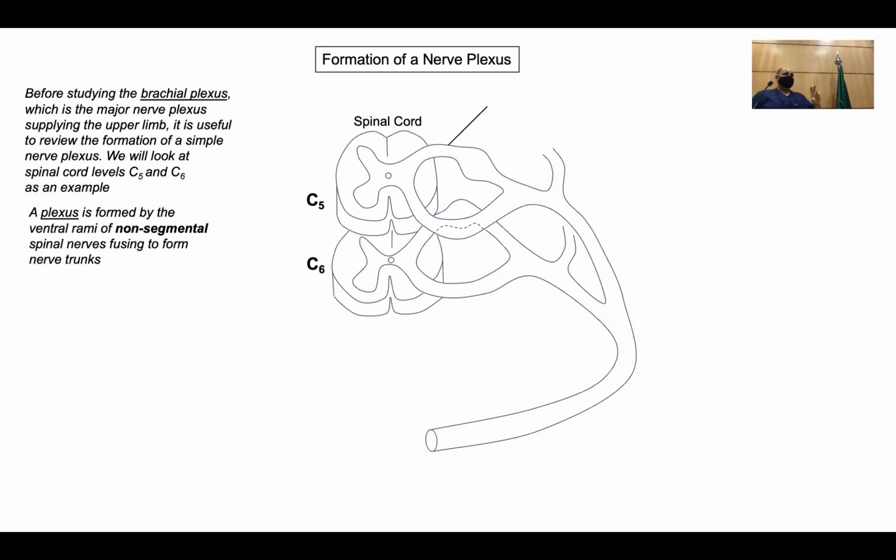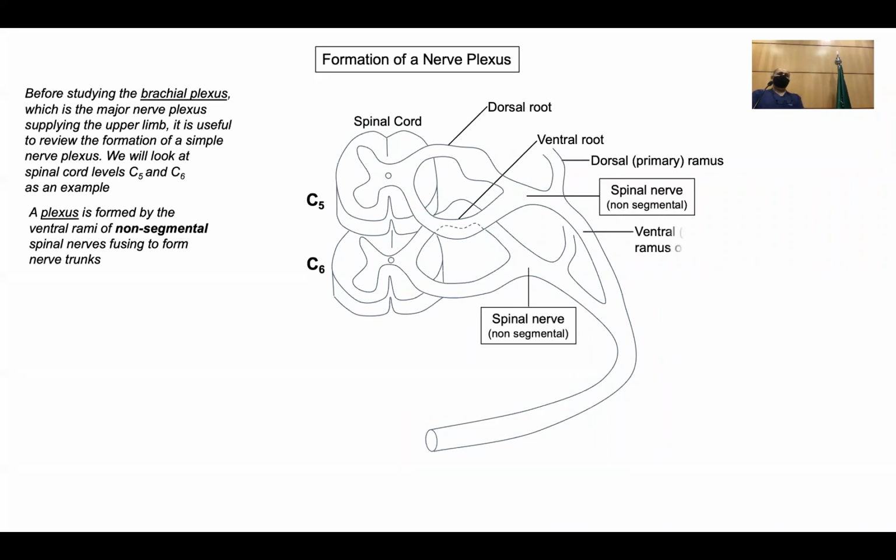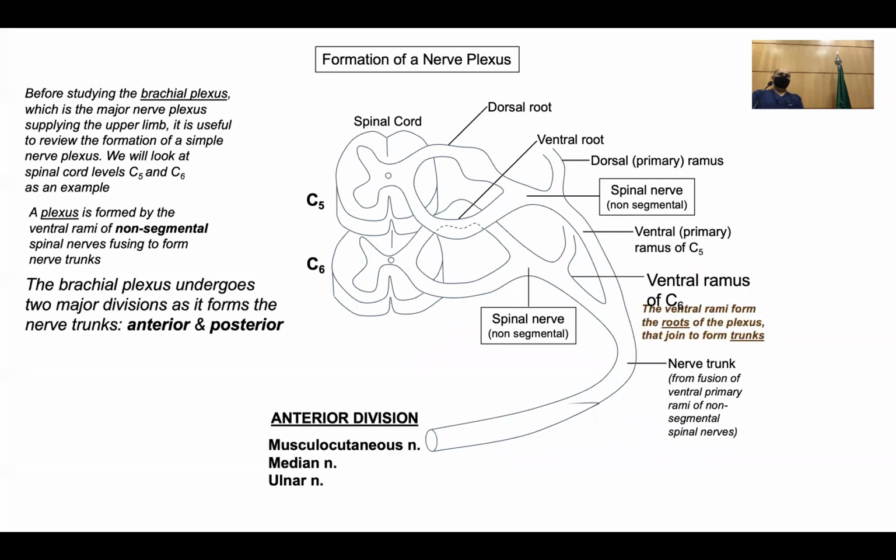So now let's make a plexus. One example: we have taken a section of the spinal cord at the 4th and 5th cervical vertebral level. So we chop the spinal cord at that level. Let's bring them together. You're all good with ventral and dorsal roots.